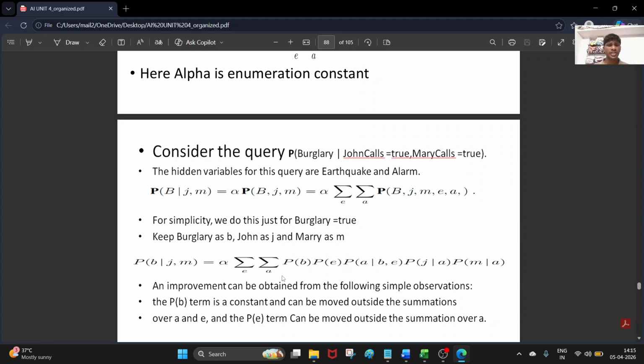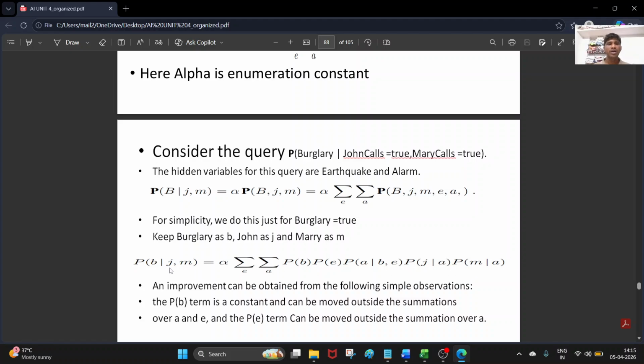So P of B comma J comma M comma E comma A can be rewritten as the probability of burglary, the probability of earthquake, the probability of the alarm ringing when both earthquake and burglary have occurred, then the probability of John calling when the alarm occurs, and of Mary calling when the alarm occurs.